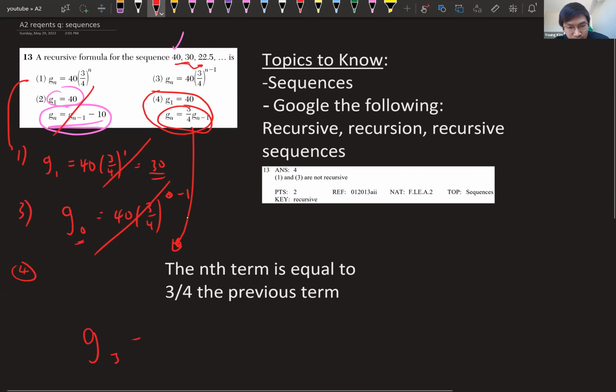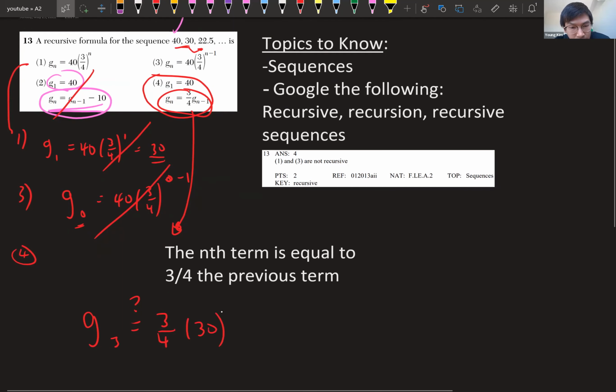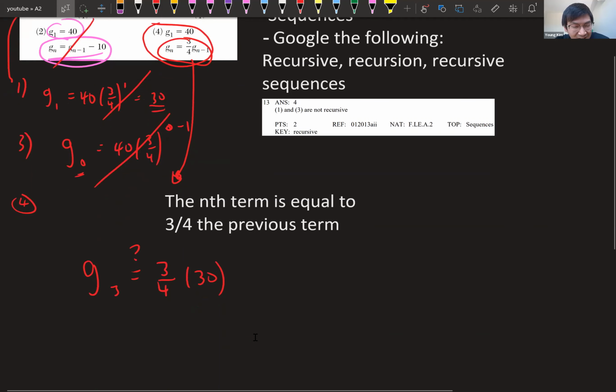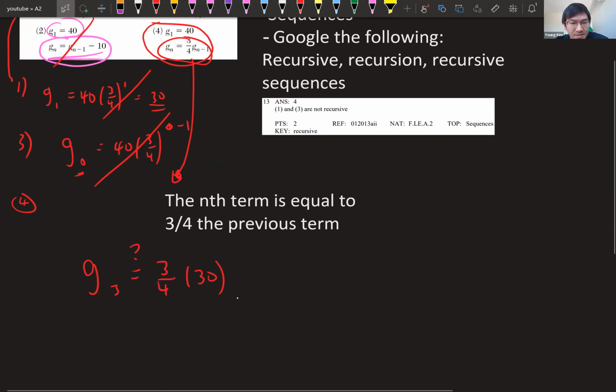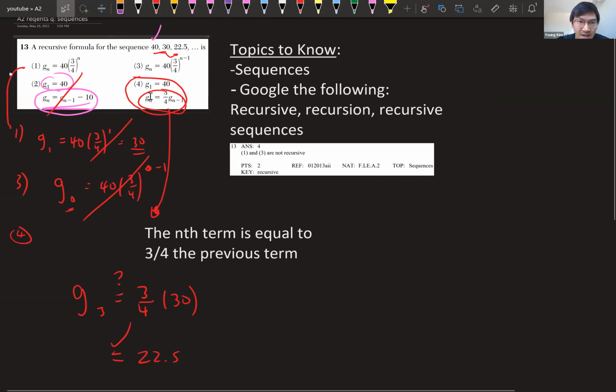So is this true? You're gonna get that this is true. And if you're going to take this path, this has to hold for any n value, so not just for g sub 3, but for the other ones. So check it out.